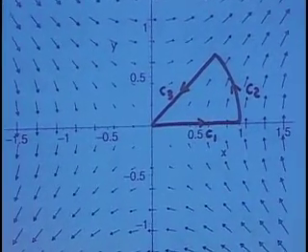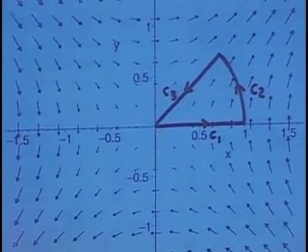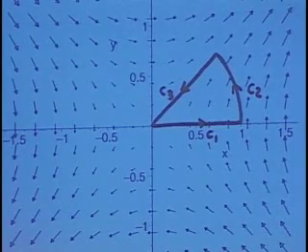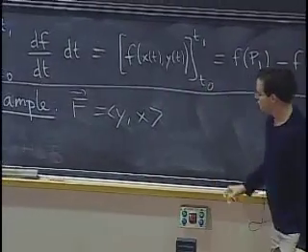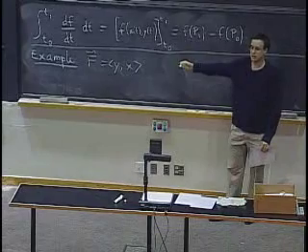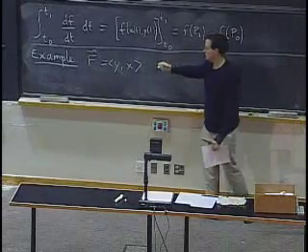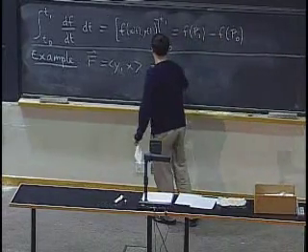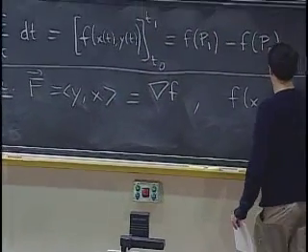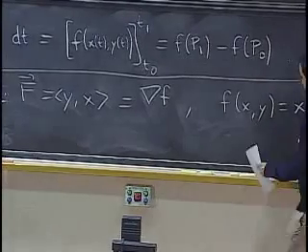Could it be that, by accident, that vector field was a gradient field? So remember, our vector field was y, x. Can we think of a function whose derivative with respect to x is y and derivative with respect to y is x? Yeah, x times y sounds like a good candidate, where f of x,y is xy.